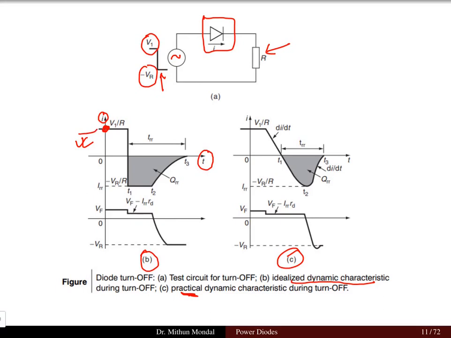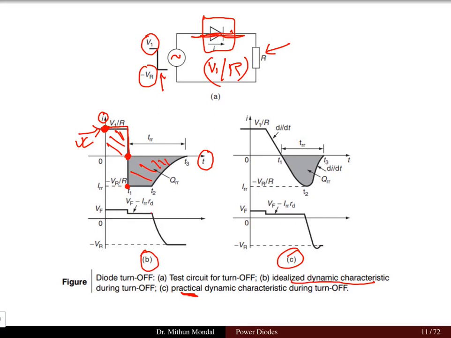The maximum current that the diode can have in forward bias, because it acts as a closed switch, flows as V1 by R. So V1 by R is the maximum current, up to time T1, and this is the forward bias region. In the reverse bias region, we will discuss how the current becomes negative.